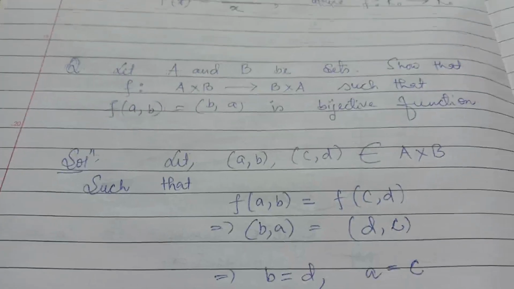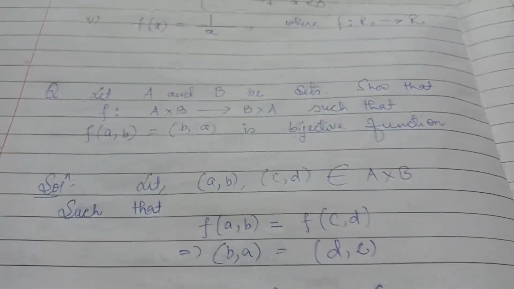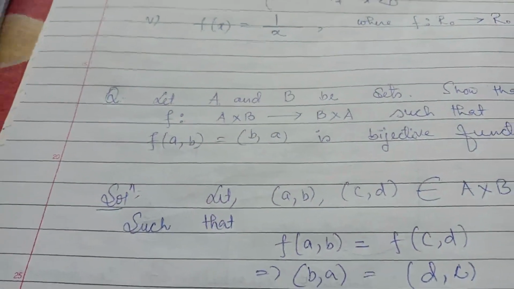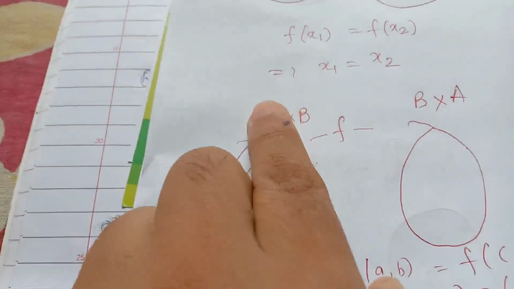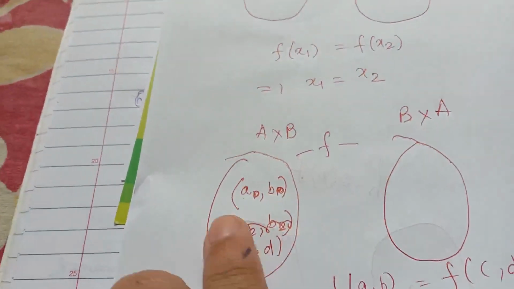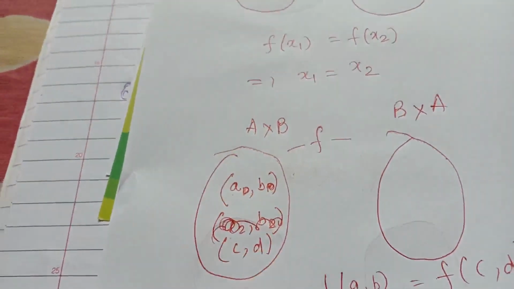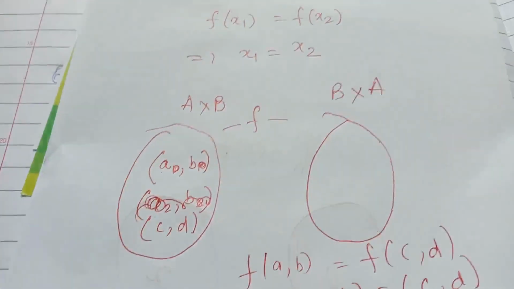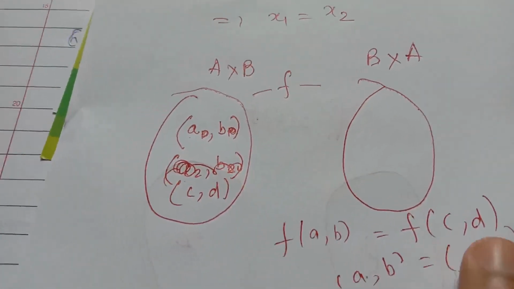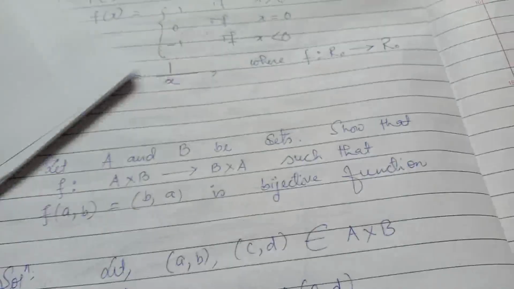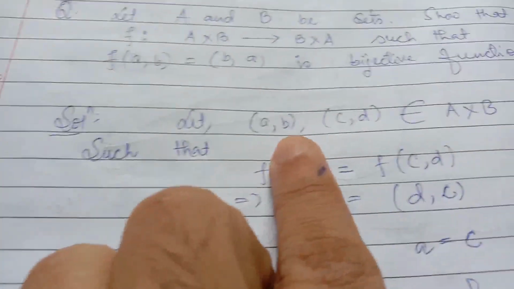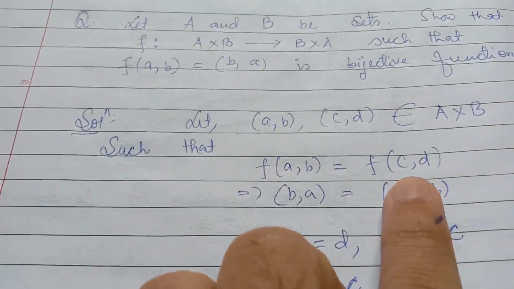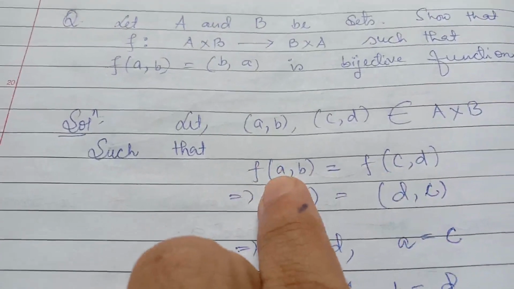To prove whether the given function is one-one, we take two elements from the domain A cross B. Here the given function is from A cross B to B cross A. So I have taken two elements (a, b) and (c, d) of A cross B, and we assume that f of (a, b) equal to f of (c, d).